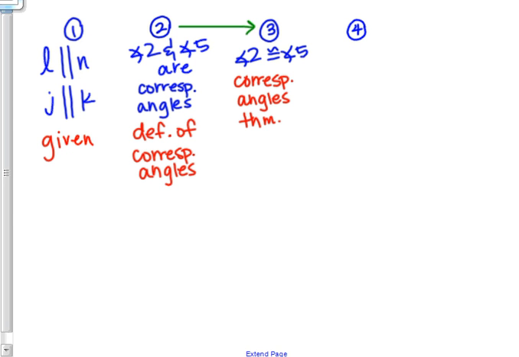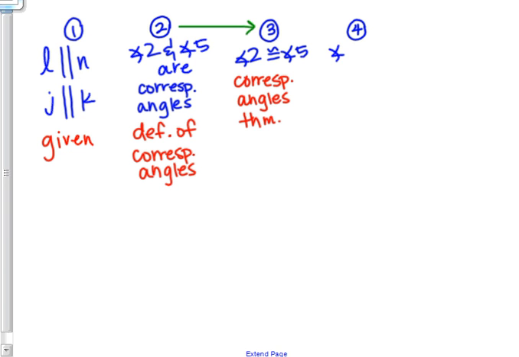I'm going to go ahead and move down to angle 4, so I can see a relationship between 5 and 4. They're both on the interior of the diagram. If you cover up the left side of the whole diagram and just kind of look at the right, and line N is our transversal there. And so I can see that 5 and 4 are both on the interior of that diagram, and they're on opposite sides of the transversal, so they are alternate interior angles.